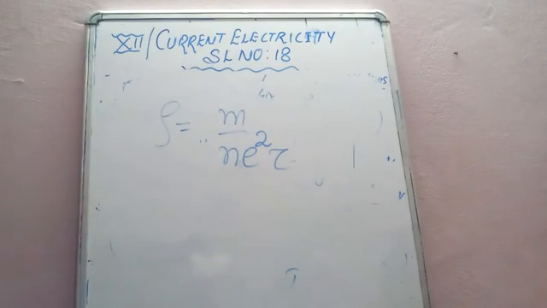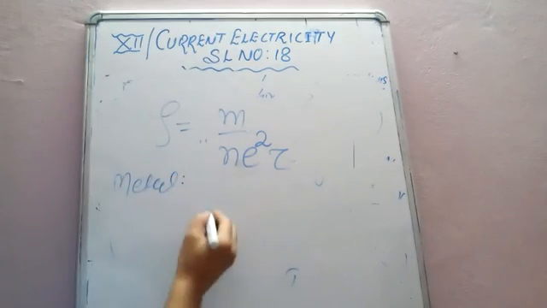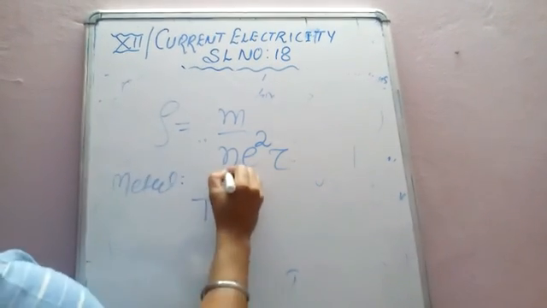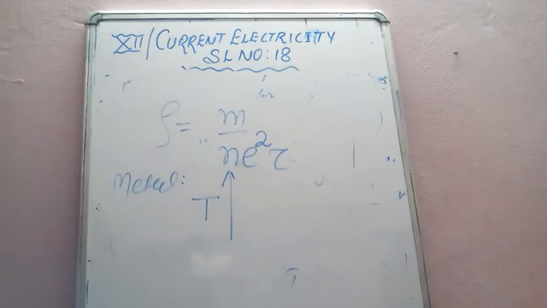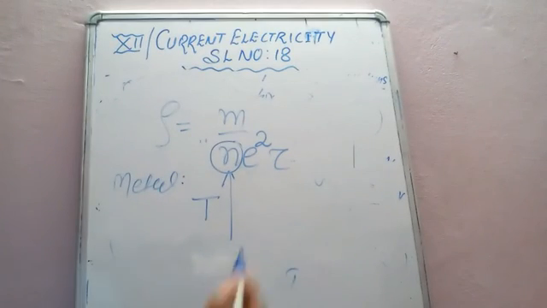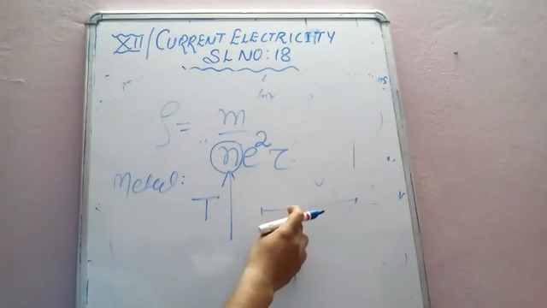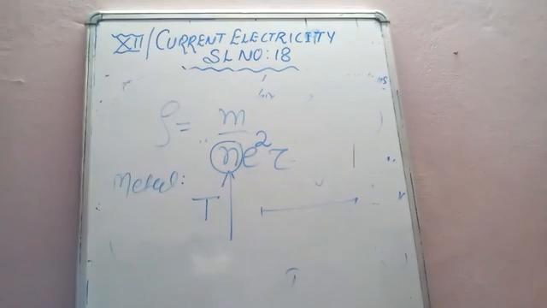In case of metal, if T is increasing, now what happens? Now see here. In case of metals, the number density always remains constant. If this is a metallic wire, the number density, the number of charge carriers per unit volume, always remains constant. There is no change with rise in temperature.